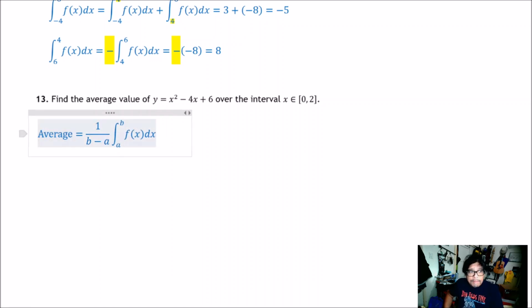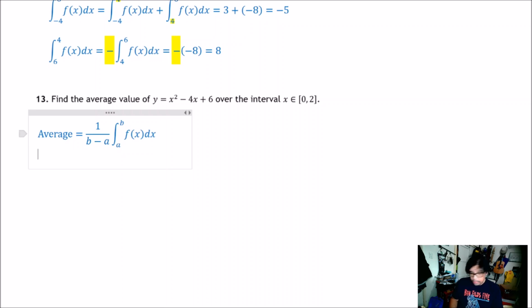The average of any function is 1 over b minus a multiplied by the integral from a to b. And this applies regardless of what that function is. And I can't think of any place in AP Calculus where this method goes wrong.